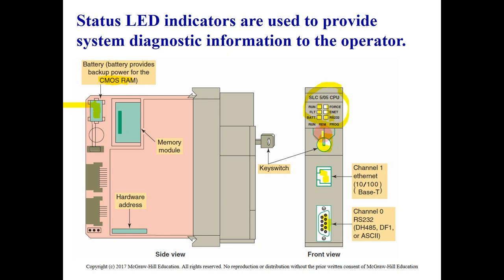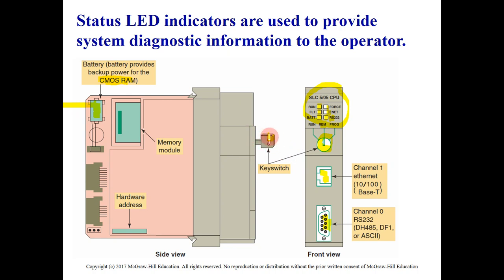So we have to put the switch in the correct position. Usually it will be in the run mode or the remote mode, and in program mode only when we want to change the program inside the CPU. We have here the key.